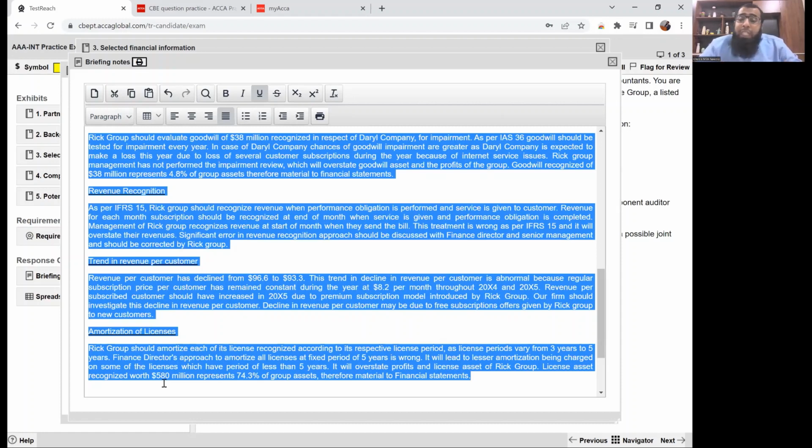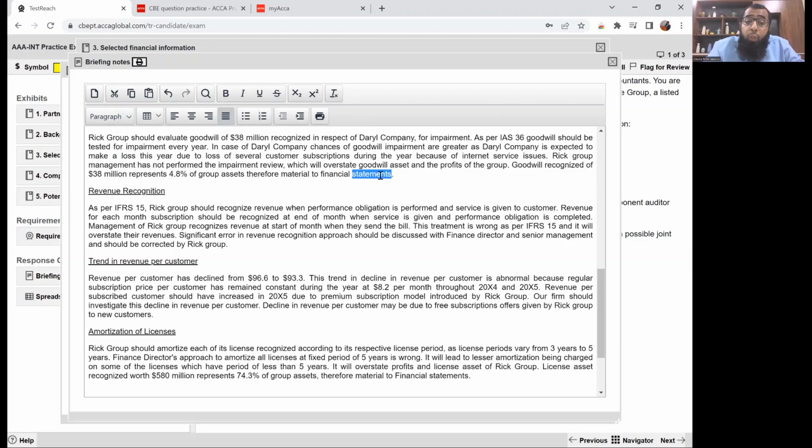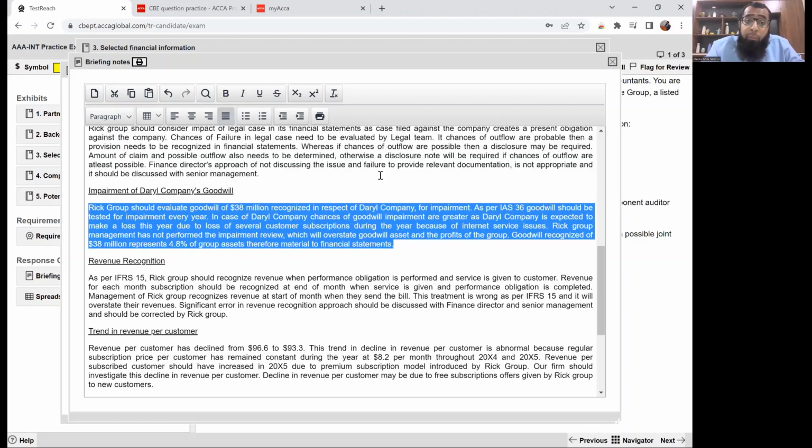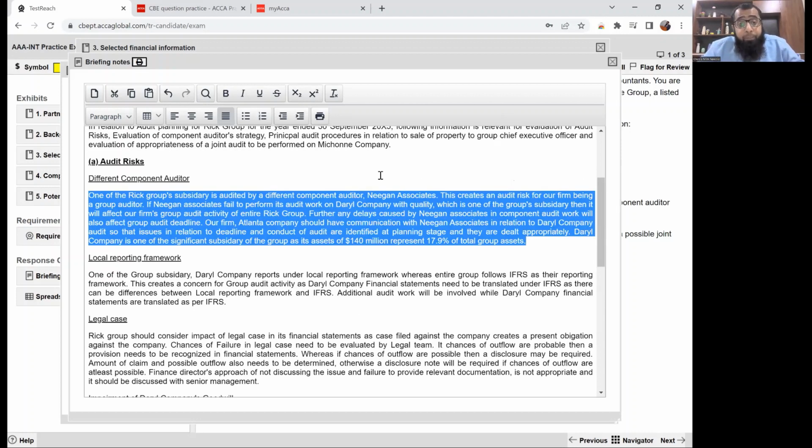Okay, so what you need to understand is that even if I follow a 2-mark approach per risk, I've written 7 risks, so it means 14 marks. Then I've calculated materiality almost 3 times. One was in this amortization of license, then in the goodwill point, impairment of goodwill. Then we calculated materiality of the entire Darrell company.